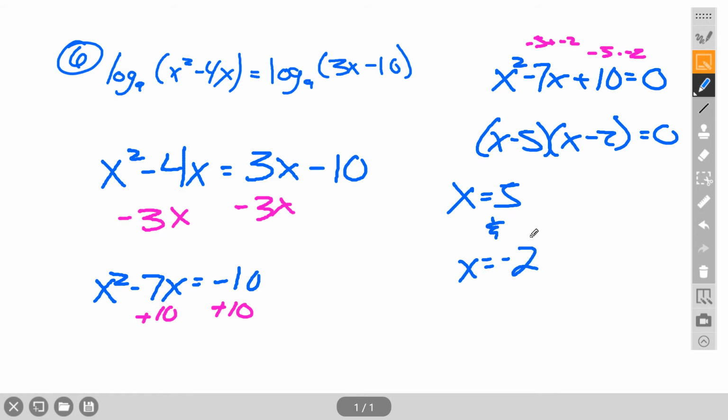and negative 2. Now one of these isn't going to work because one of them is going to give us a negative when we plug it in. Okay, and it's the negative 2. Okay, if we plug in negative 2 into this, 3x minus 10, we would get negative 16.